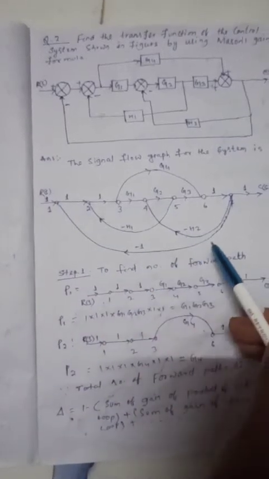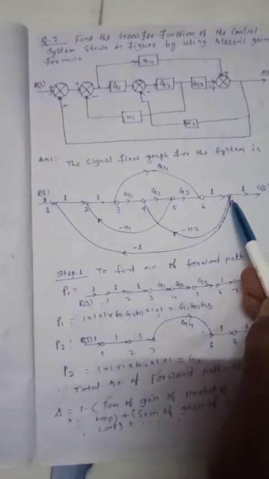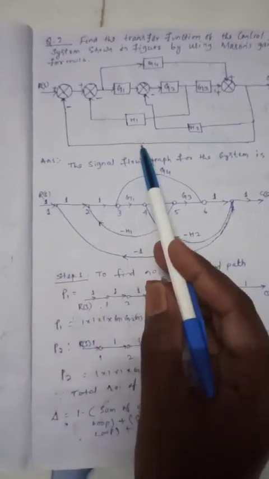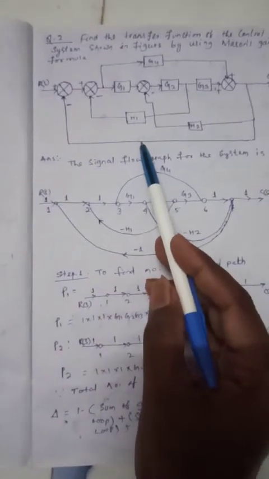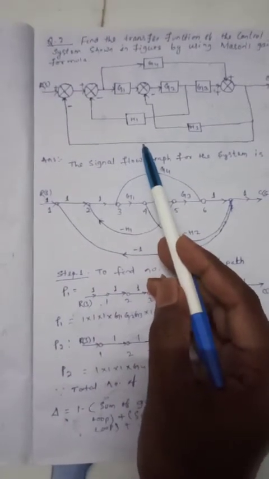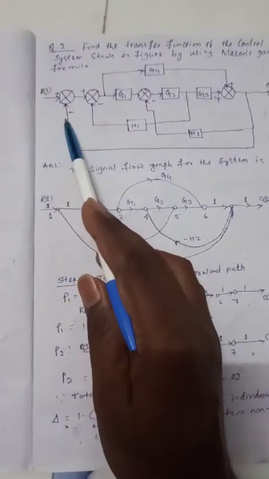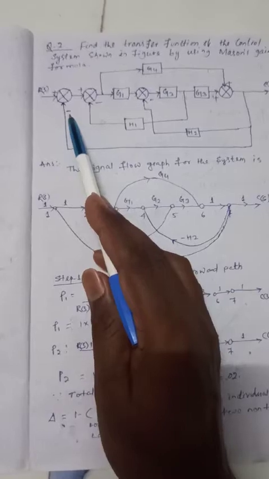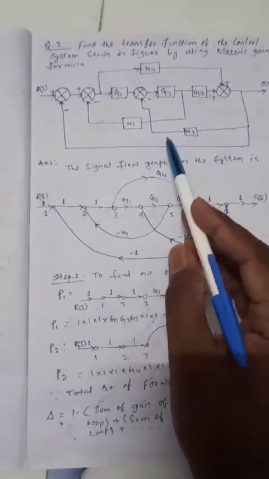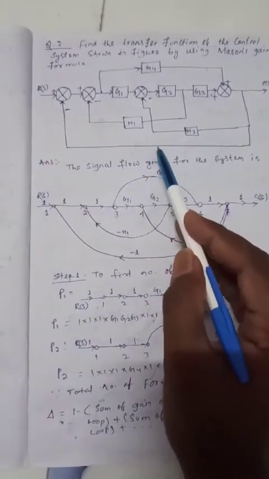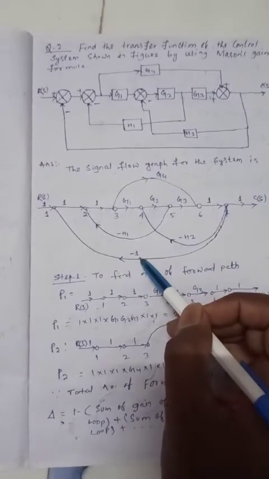Here you have to look: the path coming from 7 to 1 is the feedback path, and the gain of this feedback path is 1 because it is a unit feedback. Now what is the sign of the summing point? Negative. So the gain of this feedback path is minus 1.